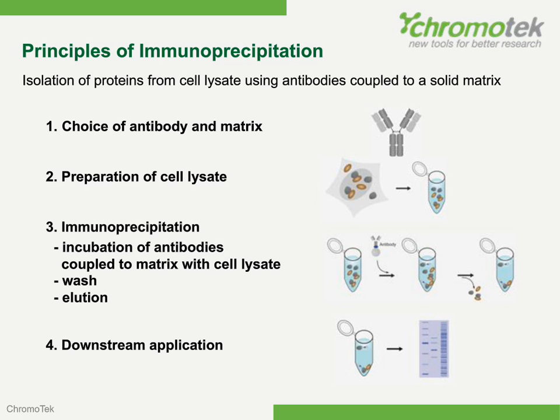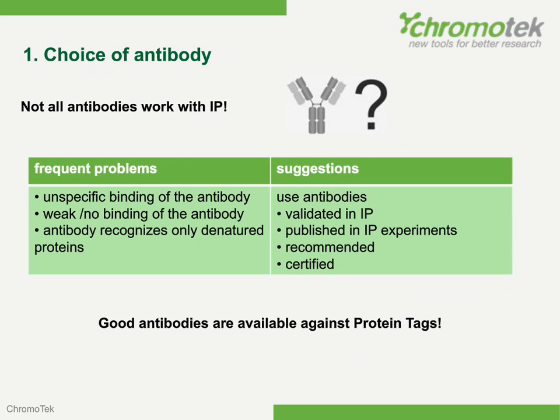As I said before, if you start your IP, you have to choose an antibody against your protein of interest. And please remember, not all antibodies are working in IP. Frequent problems that might occur is that your antibody binds unspecific to many proteins.